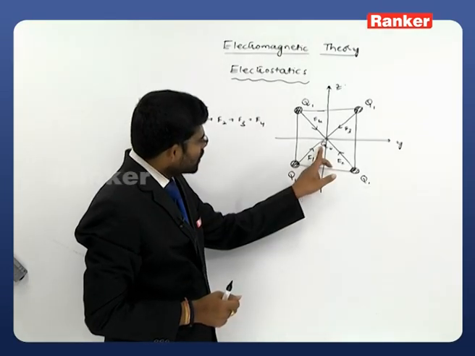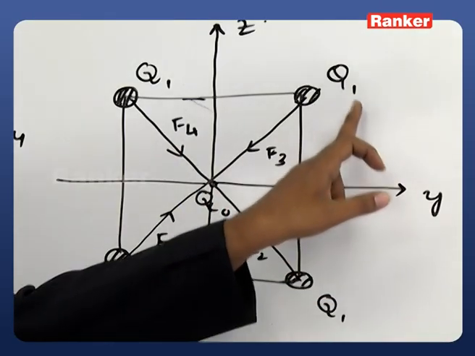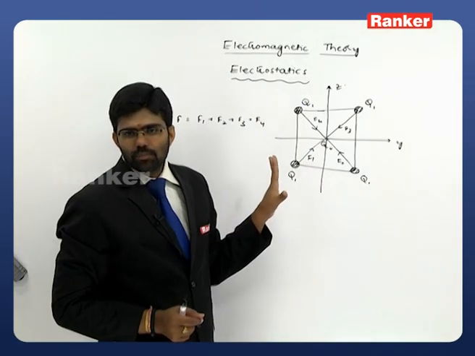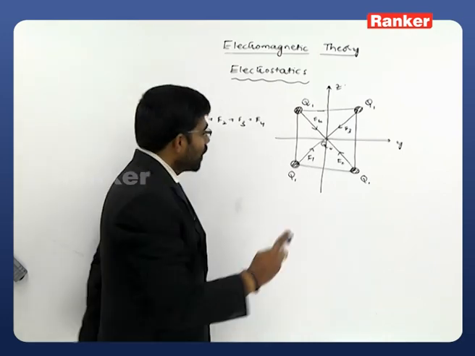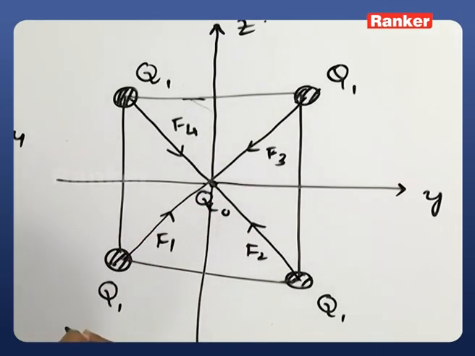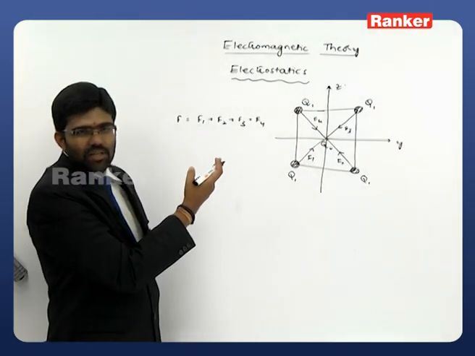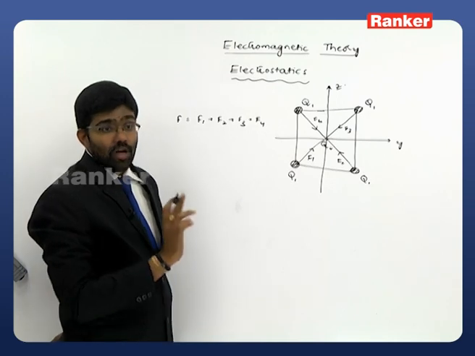So from the center charge the distances to q1, q1, q1, q1, these 4 locations are the same, and as we discussed, the force from 1 to 0, the force from this one to 0, from this one to 0, and from this one to 0 will be in the same directions as we mentioned in the figure. Now observe them.